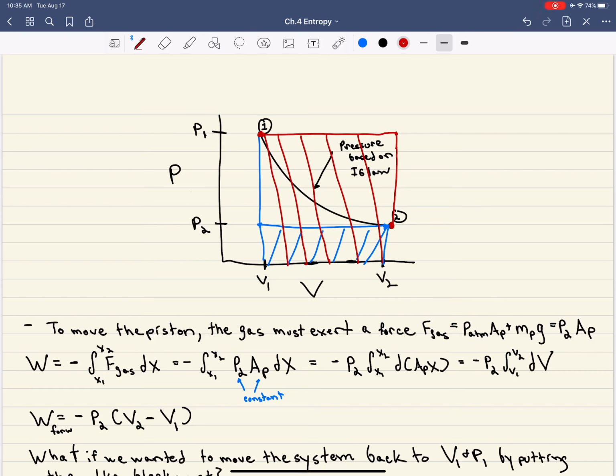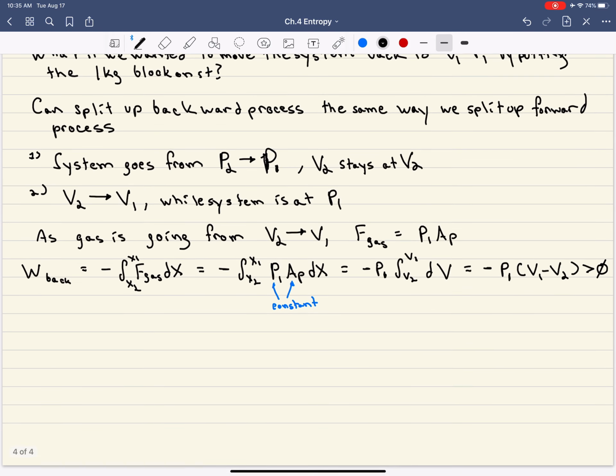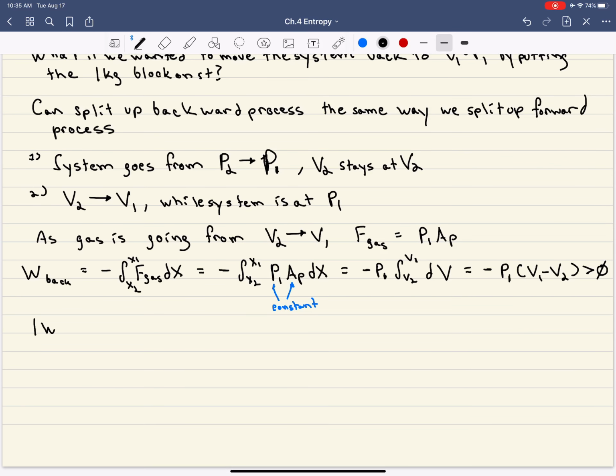Okay? And the reason I drew it like this is I want to point out that the area underneath this red curve is much larger than the area underneath the blue curve. Okay? And so mathematically we could describe it like this. The magnitude of the work forward, so if we're even just ignoring all the signs, is pressure 2 times V2 minus V1.